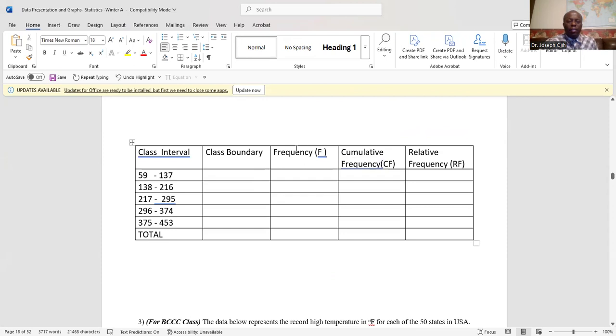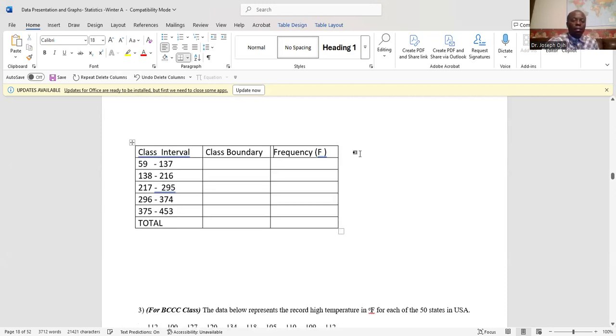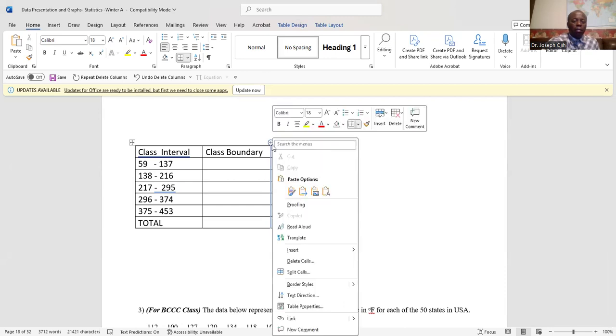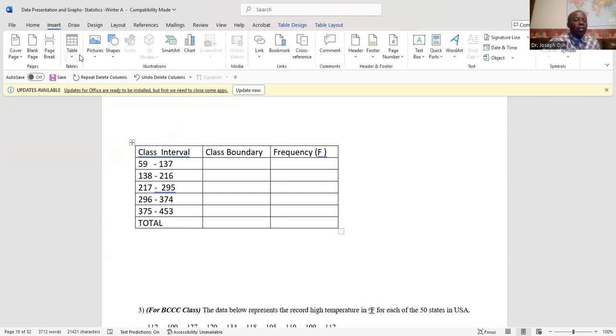Let me put a tally first. Let me remove one of these so you can have space for the tally. I'm going to insert a column right here.